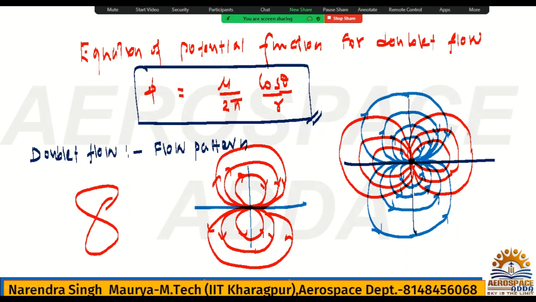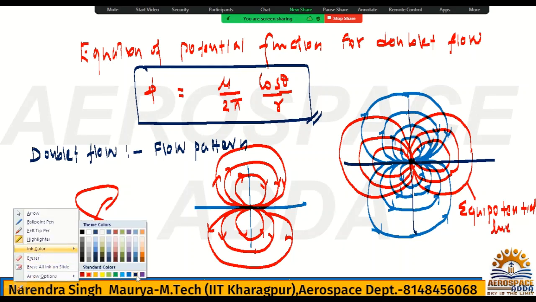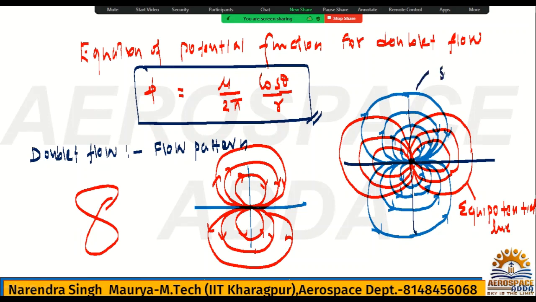This one is the equipotential line. Yes or no? This is the streamline. Yes or no? 90 degree, exactly 90 degree. Wherever they are crossing each other, it is 90 degree. All right.